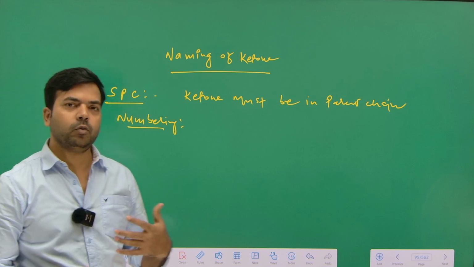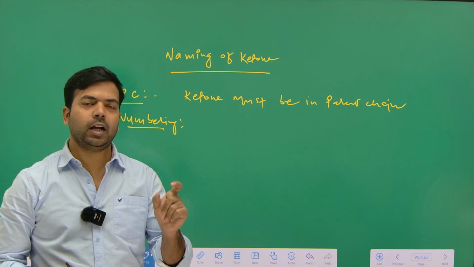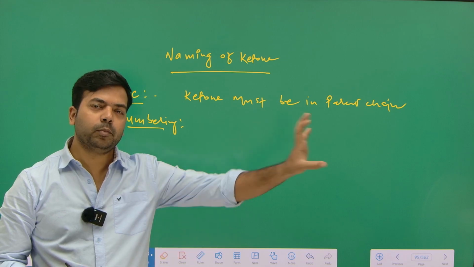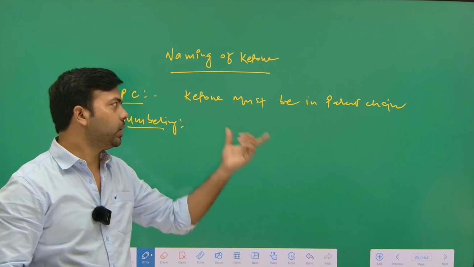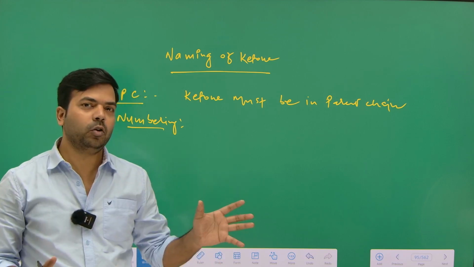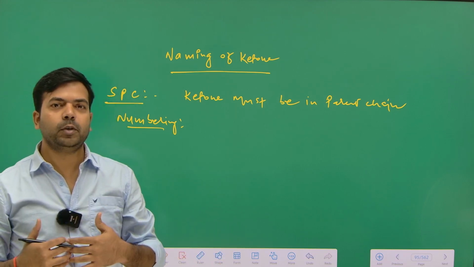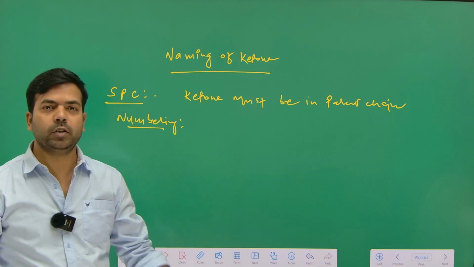No. Listen, what is the difference between aldehyde, carboxylic and ketone? Aldehyde and carboxylic are always in the terminal position in the principal chain. But ketone will always be present between the carbon chain, not terminal. So if it is between the carbon chain, it means you should start from that end where the ketone gets the lowest number.